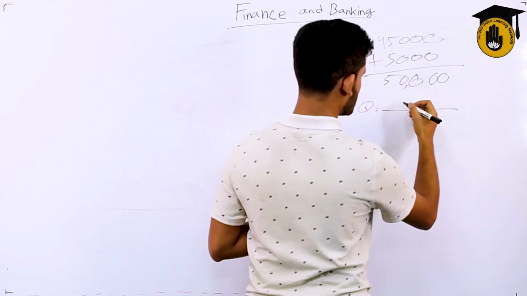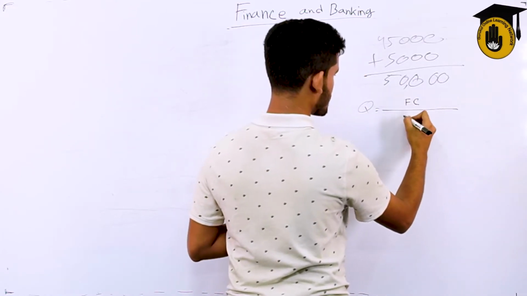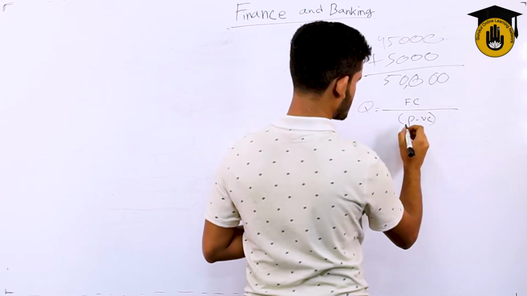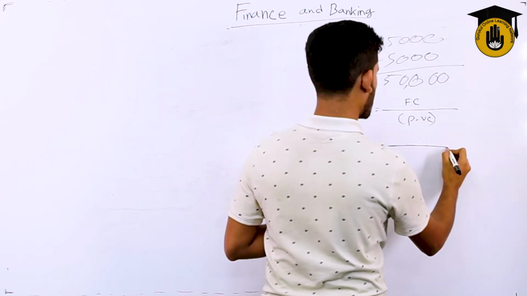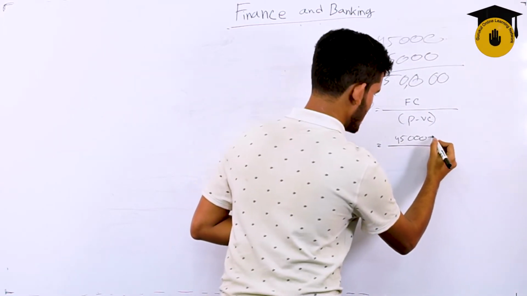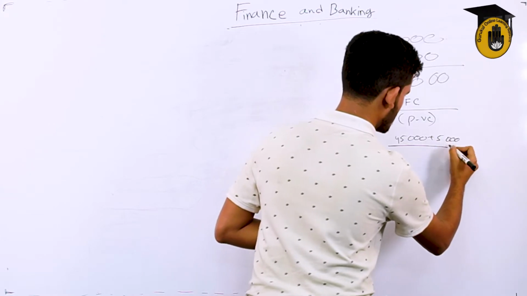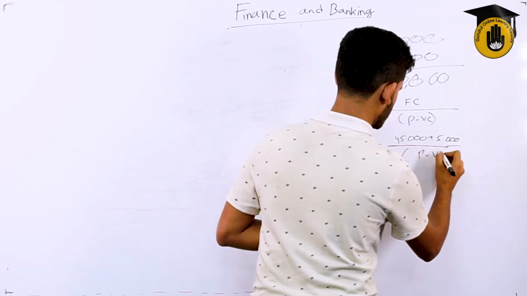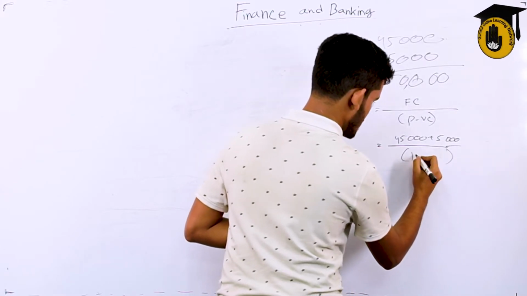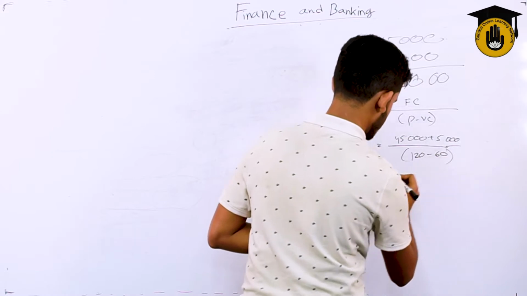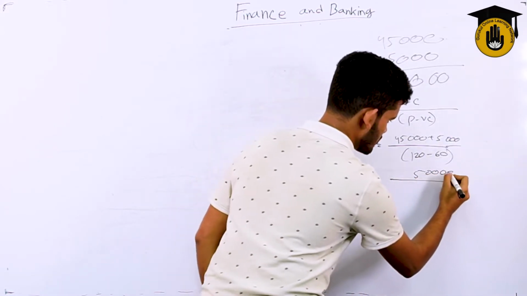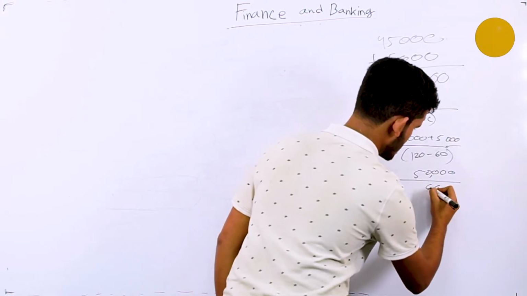Q is equal to FC divided by P minus VC. FC was 45,000, plus it's a new one, 50,000. P minus VC. Sorry, price per unit was 120 minus 60, so 50,000 divided by 60.